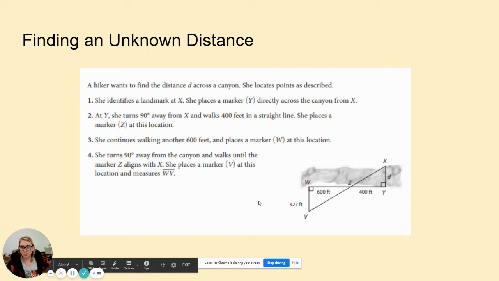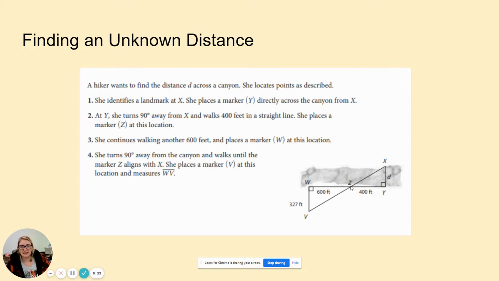A hiker wants to find the distance D across a canyon. She locates points as described. So she says X is her landmark. Y is directly across the canyon. Here's the canyon, right? That little blacked out area. At Y, she turns 90 degrees and walks away from X 400 feet in a straight line.